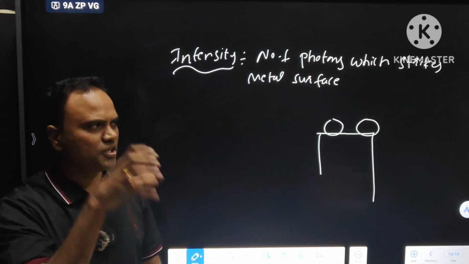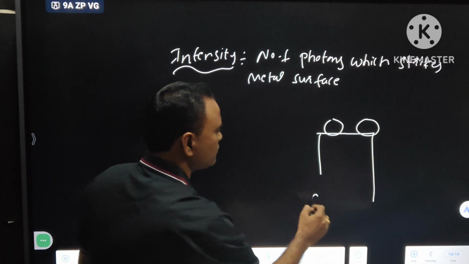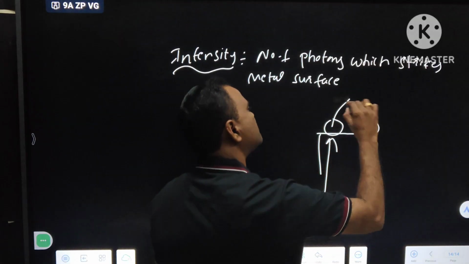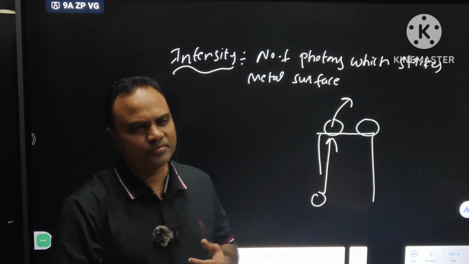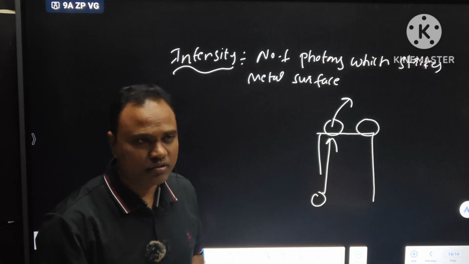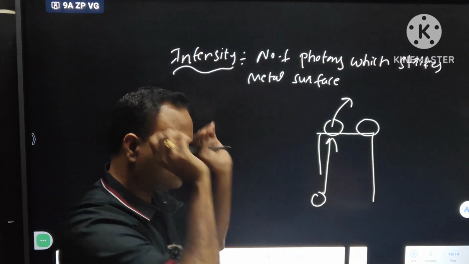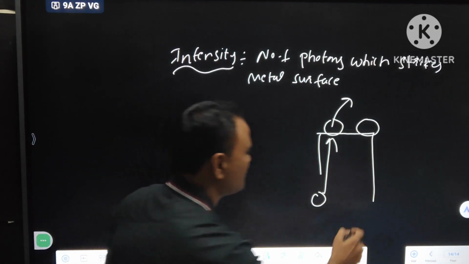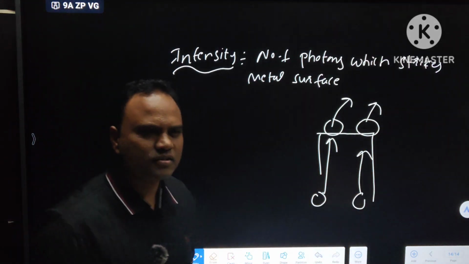Throw it. How many balls are you throwing? One ball. So how many balls will eject from the bench? One only. For example, throw two balls. How many electrons will eject? Two.